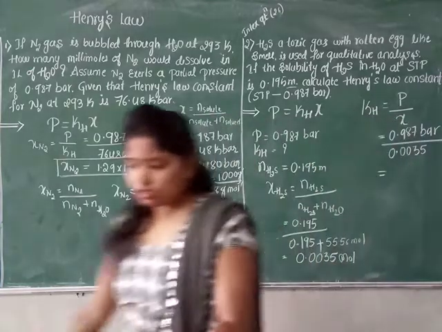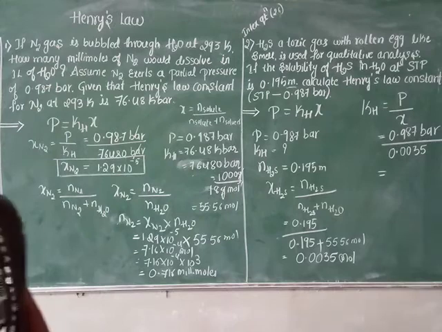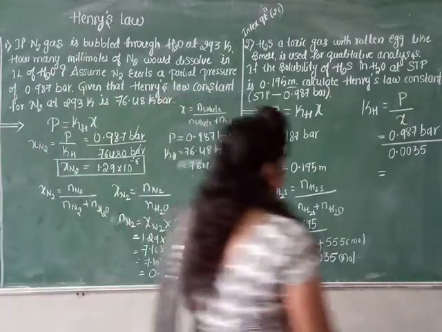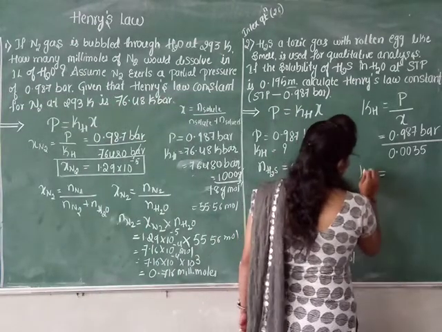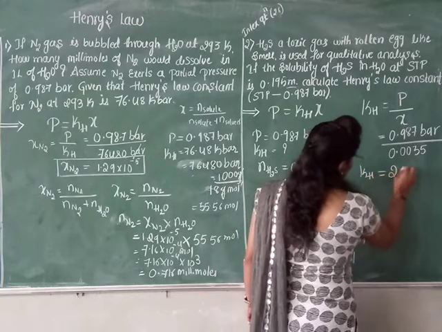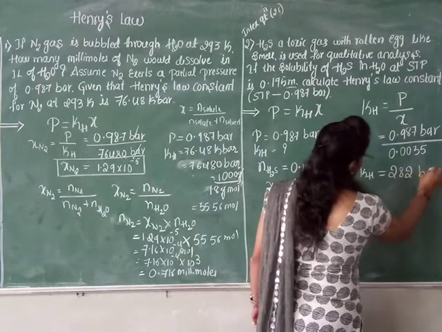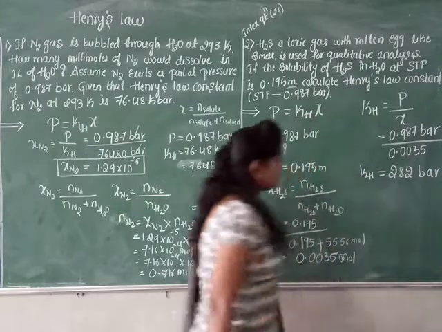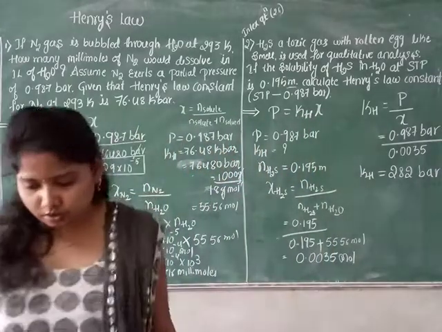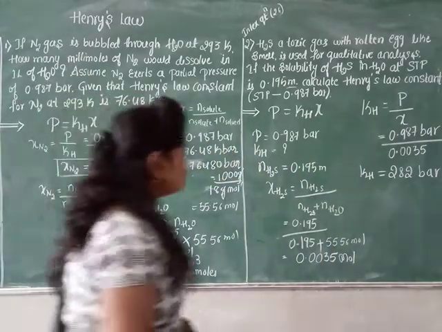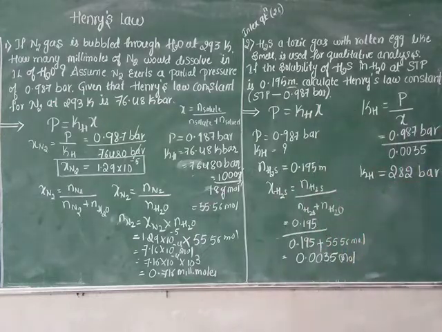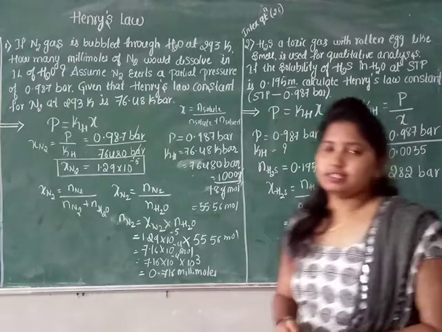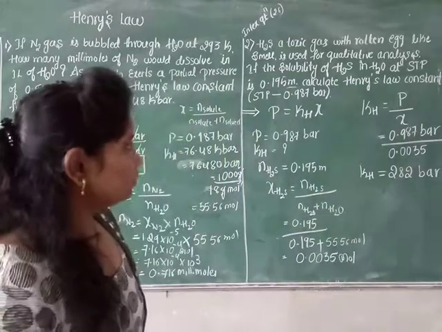If you calculate this, you will get 282 bar. That is the value for hydrogen sulfide gas dissolved in the water.